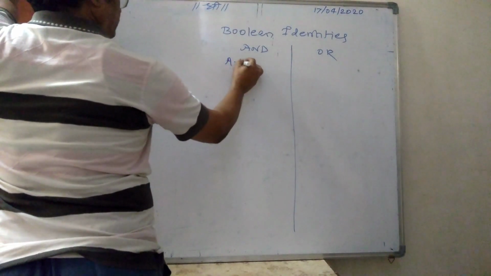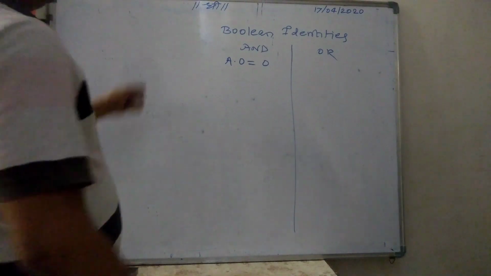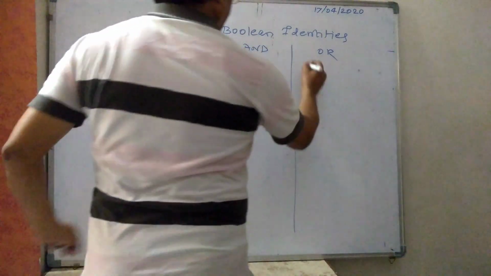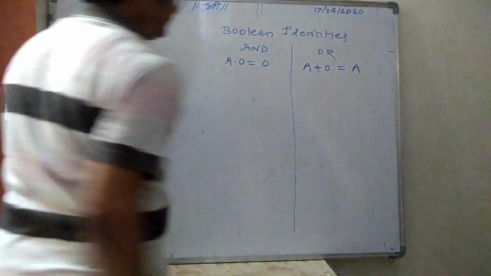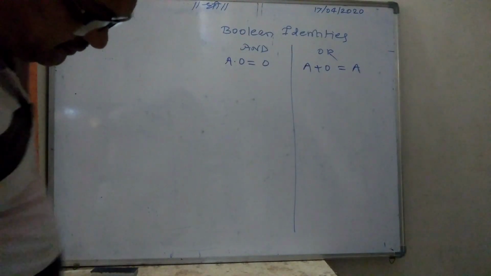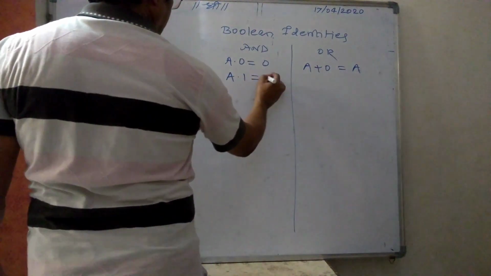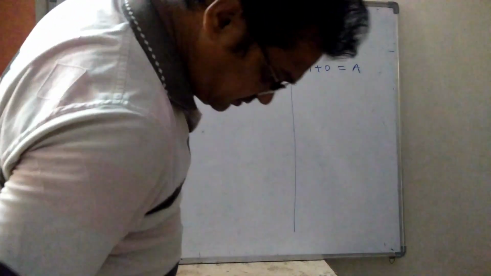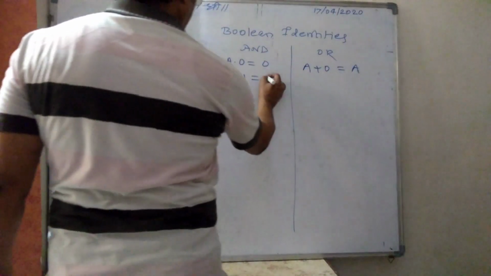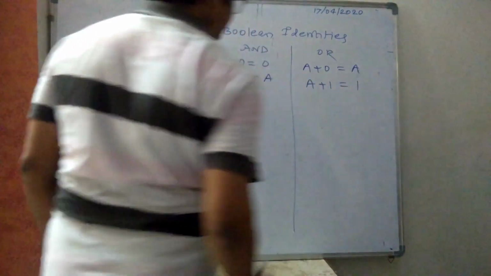A dot 0 is equal to 0. This is product, here it is addition. A plus 0 is equal to A. A dot 1 is equal to A, and A plus 1 is equal to 1.